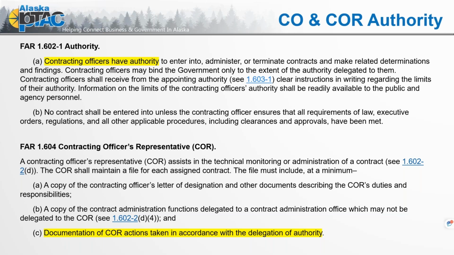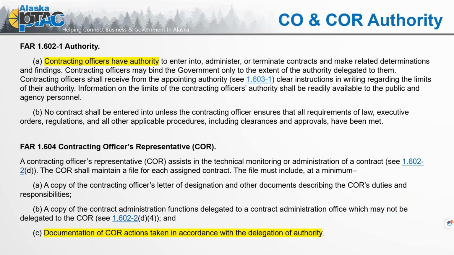FAR 1.604 really defines what a contracting officer representative is. And again, these letters of designation clearly define the limits of what they can and cannot do. And if you have been assigned a COR but have not received a designation letter, this should be one of those things that you are requesting from the contracting officer, if possible, before beginning performance or at the beginning of that contract.